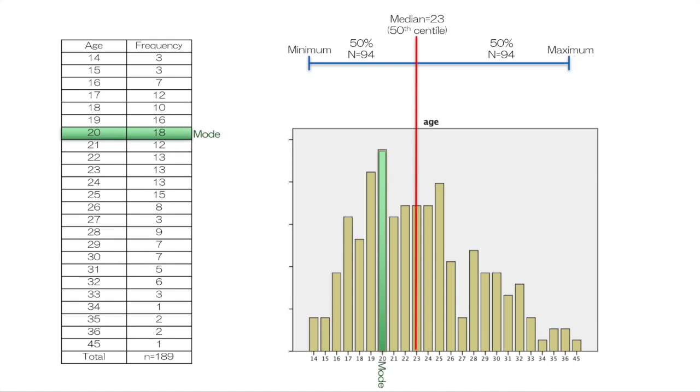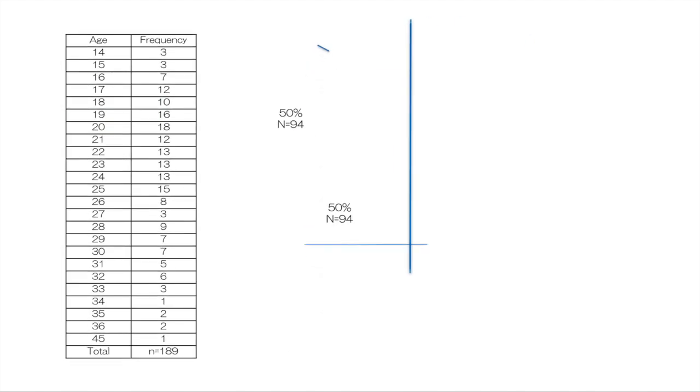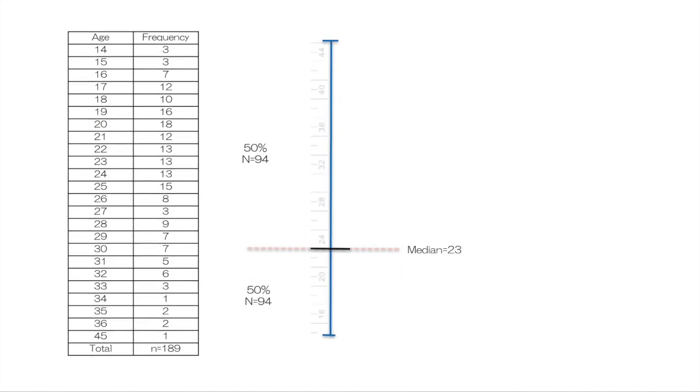Here in this case, 94 of the cases. So the median actually divides the cases into two equally populated subgroups. As you see, we have, for example, from age 14 to 23, 94 people, and from 23 to 45, also 94 cases, 50%, 50%.